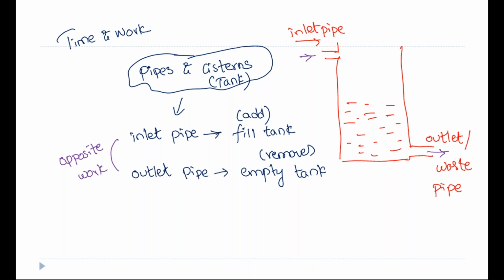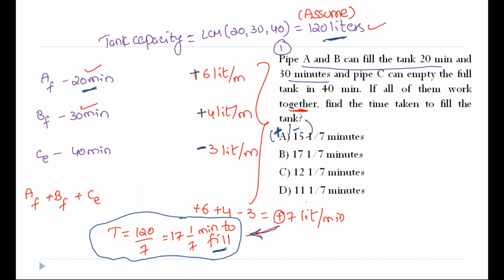Time taken to empty the tank, sir? Joshna, here when all three pipes are open, you have plus. This is not emptying. Because A is filling, B is filling, C is emptying, we finally got a plus symbol. When you get plus, this will definitely result in filling only, even if all three pipes are open for infinite time.